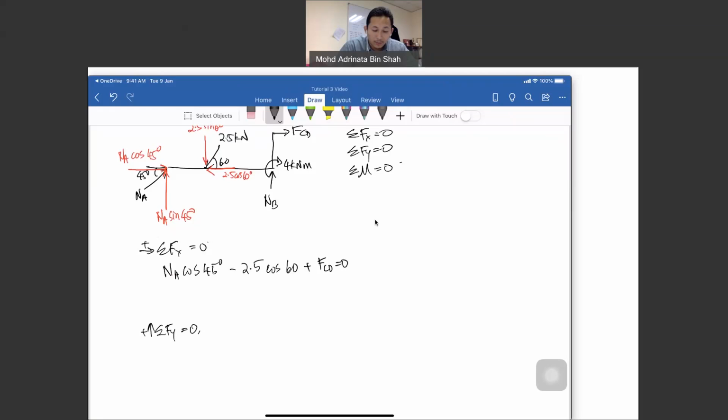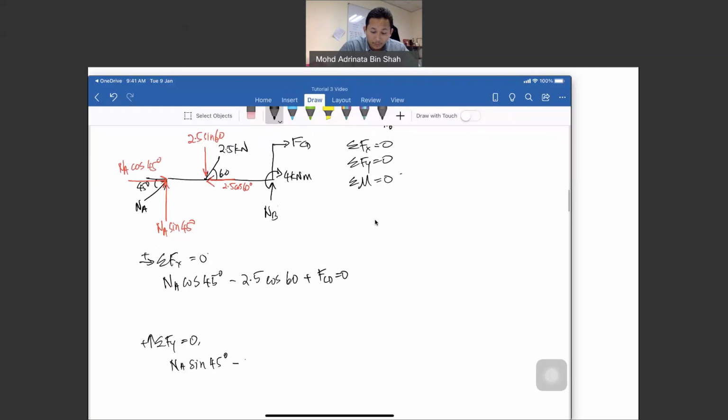Fy equals to 0. We have positive of NA sine 45 minus 2.5 sine 60, and we have NB, and that's it.